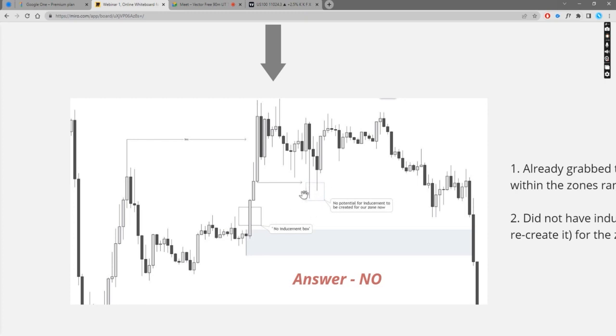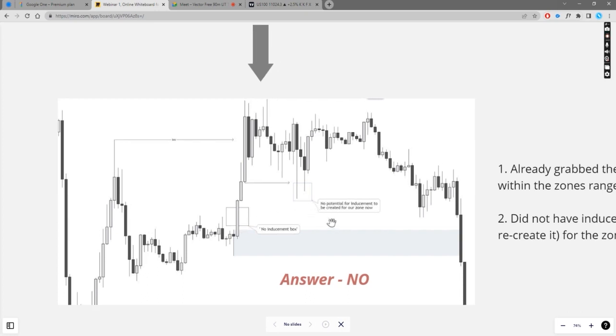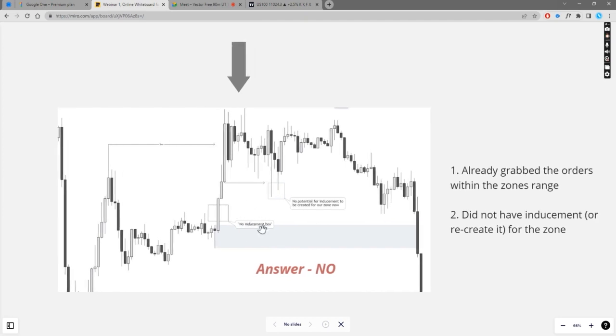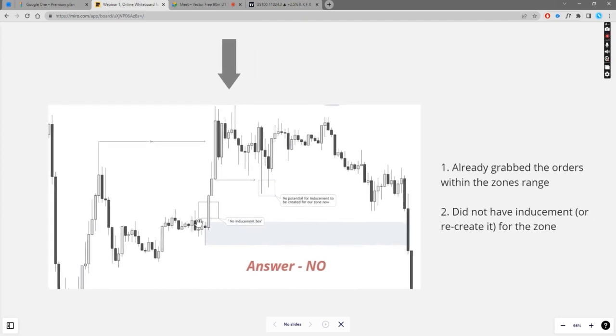So, like I said, there's no potential for inducement to be created for our zone, because we had that demand area mitigated, and then we swept past it, okay? Because we swept past it here, there's no more price action here for more inducement to be created. So we already grabbed the orders within that zone's range, and we did not have inducement already created for that zone.